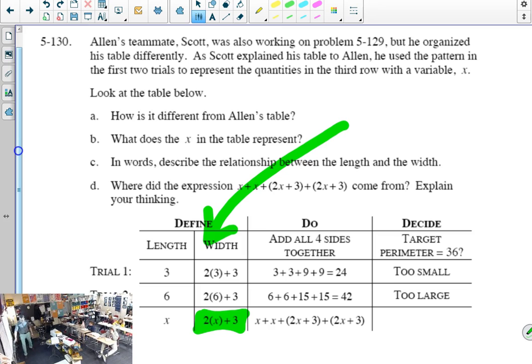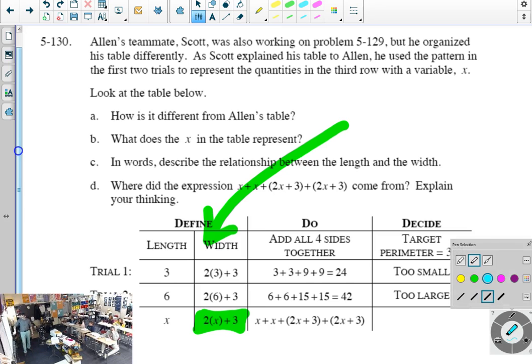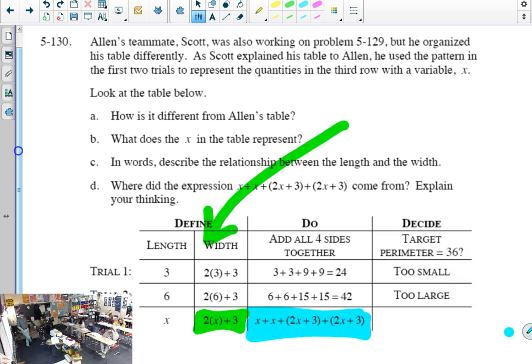I'm confused though. This expression down here, take a moment with your teammate. What is that expression doing?